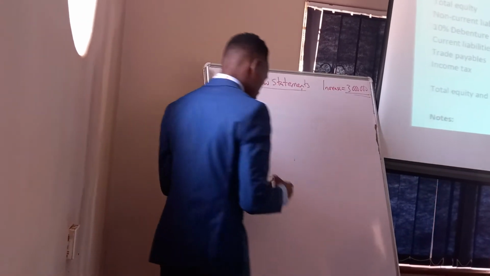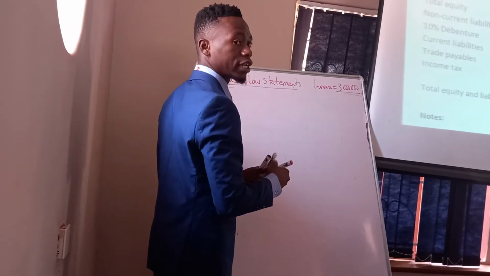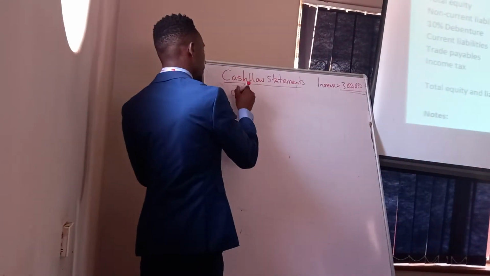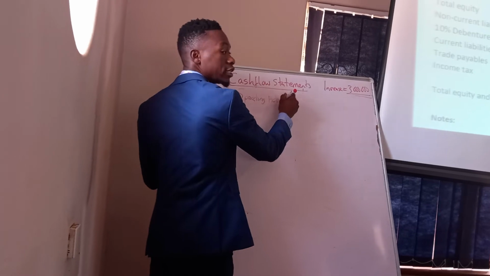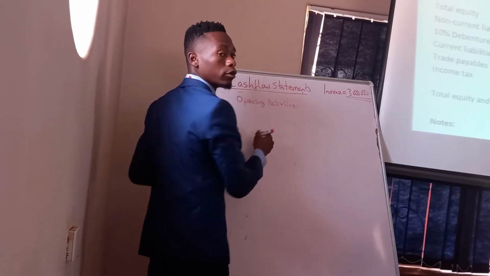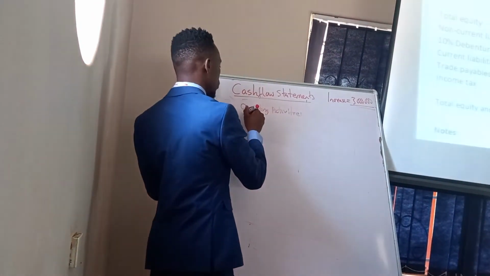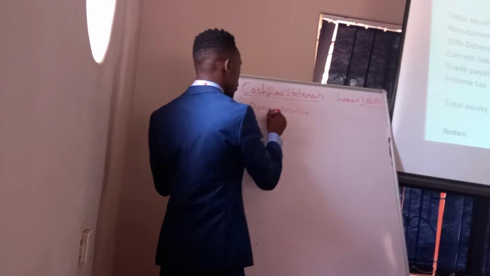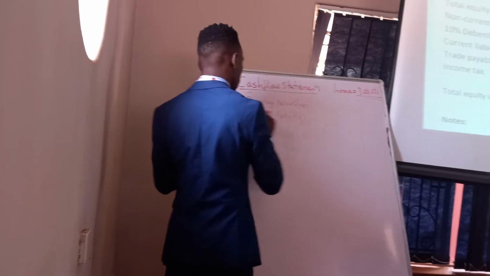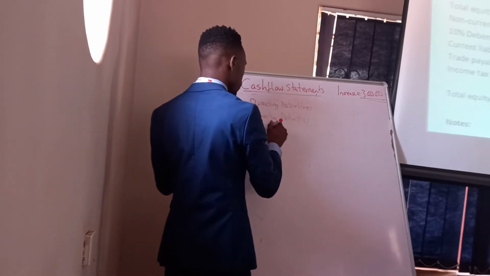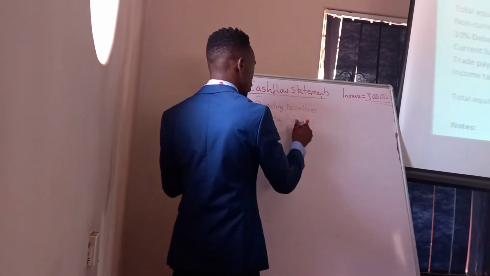There was a cash flow from what? The first heading was operating activities, right? You agree? The second was what? Investing activities. The last one is what? Financing activities, right?